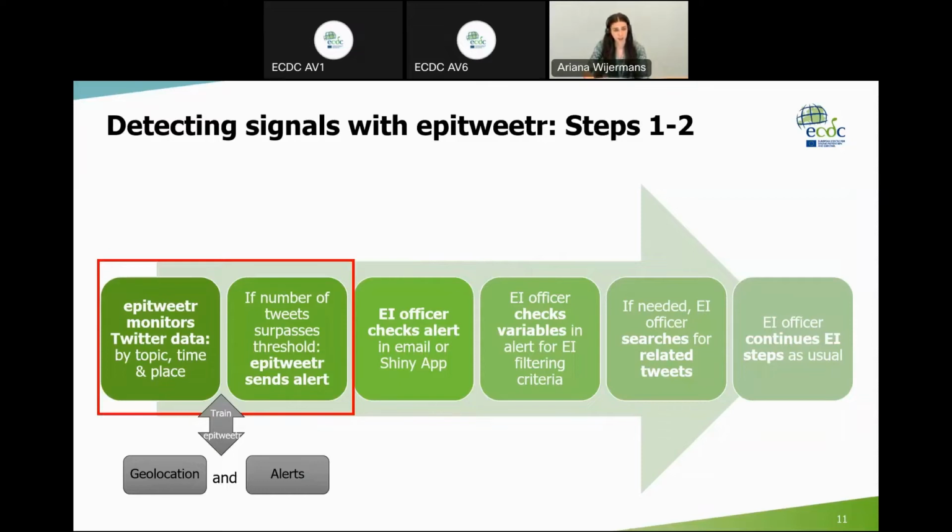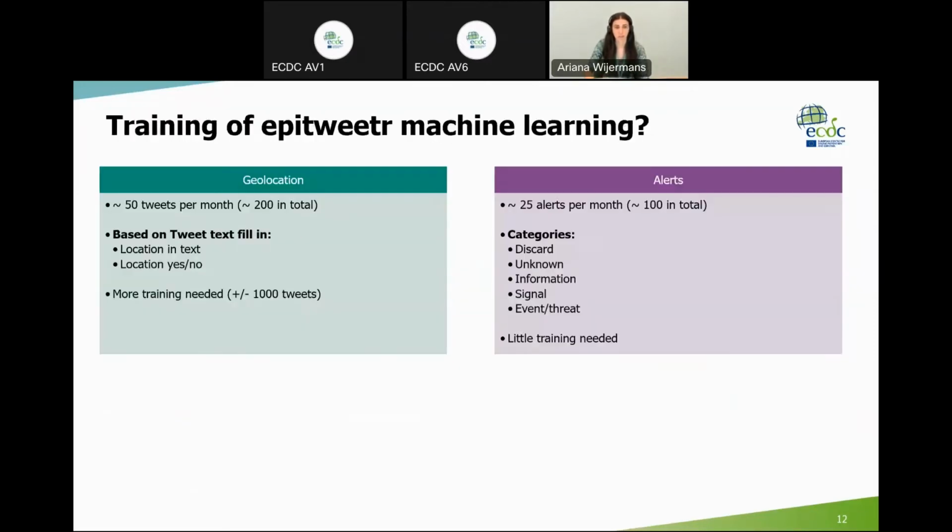However, now with this newer version since version 2, we can, if we want, put an extra step here and actually train the geolocation algorithm and the alert algorithm. And I will go and explain this a little bit more in depth here. So for the geolocation, at the moment at ECDC, we annotate about 20 tweets per month.